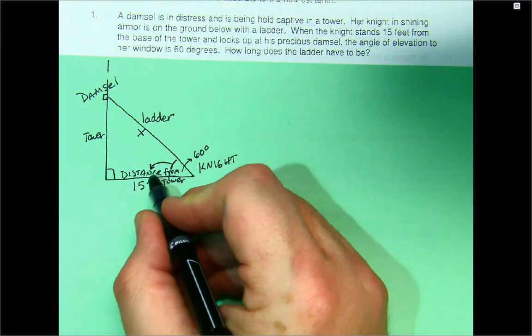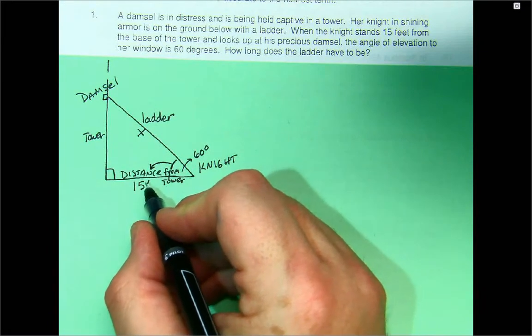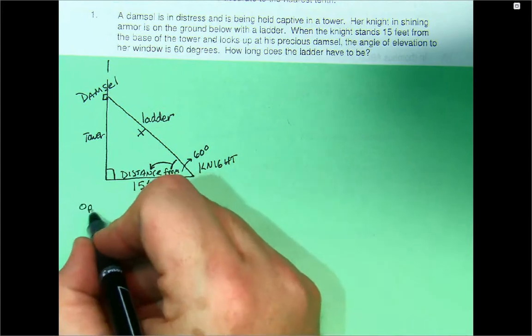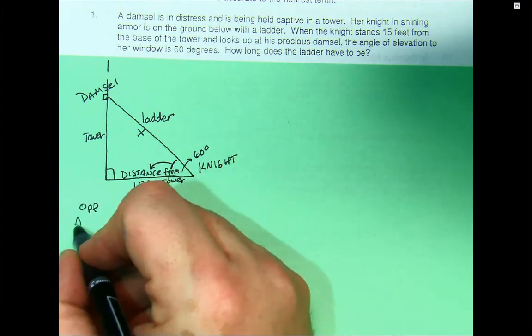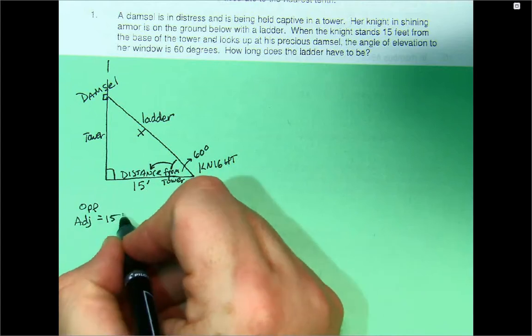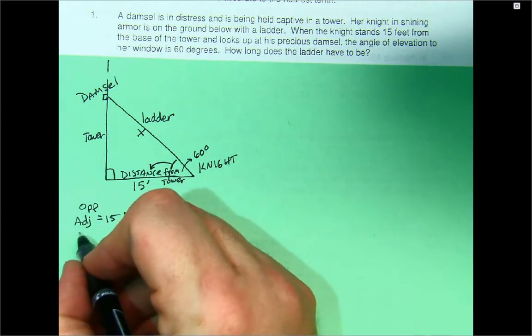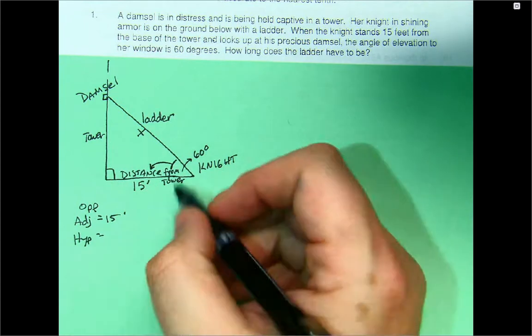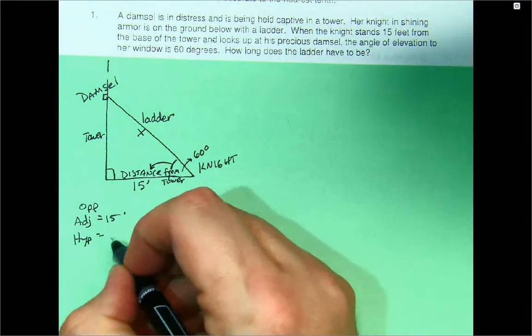Well, since we're dealing with this angle right here, what is this side with relation to the angle? Is it the opposite side? Adjacent. It's the adjacent side. So I know that's 15. Now, what do we need? The x is the hypotenuse, so we need that.